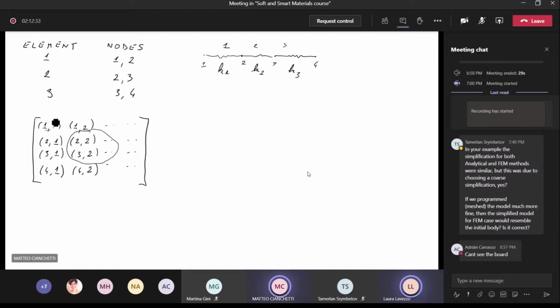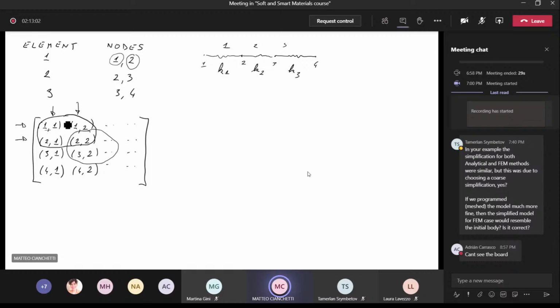For example, if you would like to put, starting from element 1, you want to define where your K1 should appear in the matrix, first of all, you should, again, see the nodes that define the element, 1 and 2. 1 and 2 means that you need your K1 to appear in these 4 elements of the matrix.